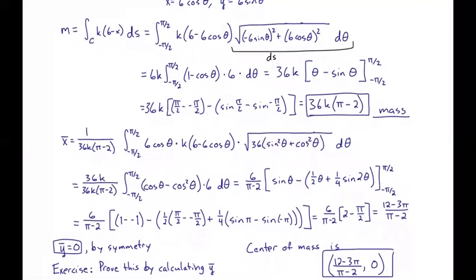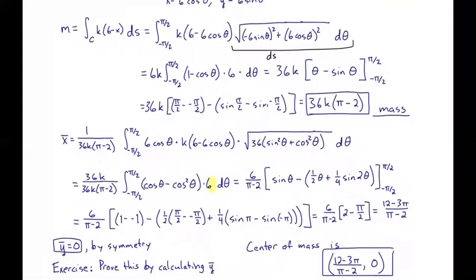We factored another constant of 6, and our 2 factors of 6 factored out to give us a 36, and k has been factored out to the front of the integral as well. And that 36k in the numerator cancels with the 36k in the denominator. This 6 that remains is factored out as well to be 6 over pi minus 2.